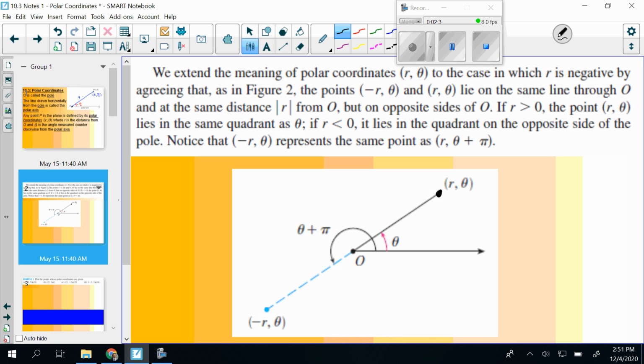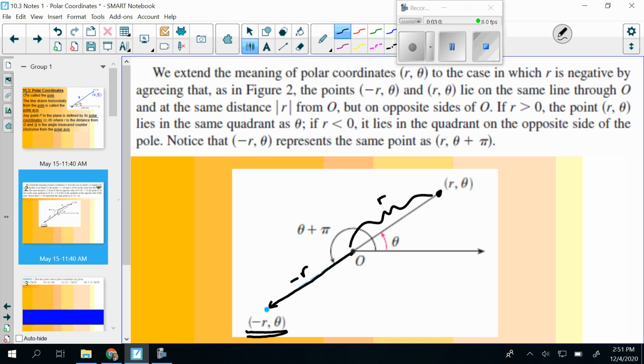If we had the point negative r theta, we would take that same distance r and measure it in the opposite direction this way, like a 180 degree difference. That would be negative r. And so the point down here would be called negative r, theta.